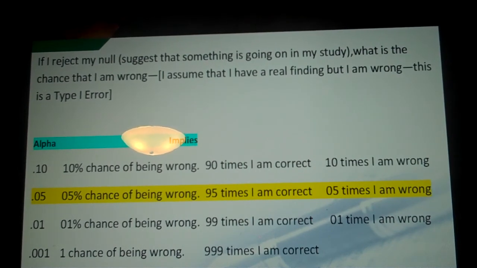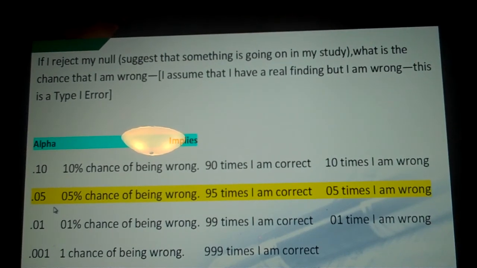Now, alpha is a key point in rejecting or not rejecting the null. As you see here, we have alphas of 0.10, 0.05, 0.01, and 0.001.